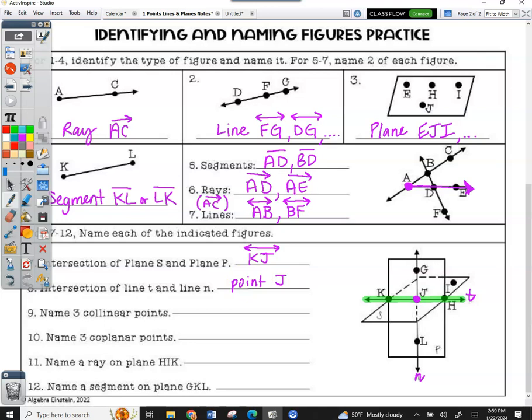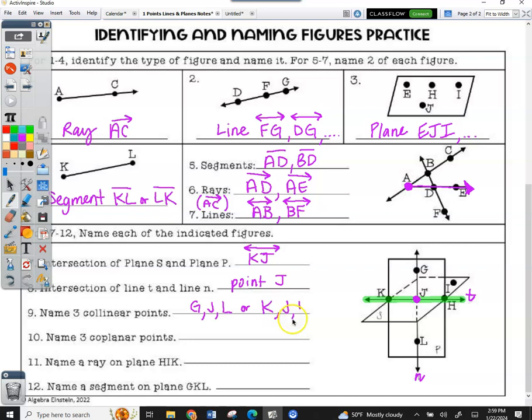Can you name 3 collinear points? G, J, L. That works. Or what'd you say?